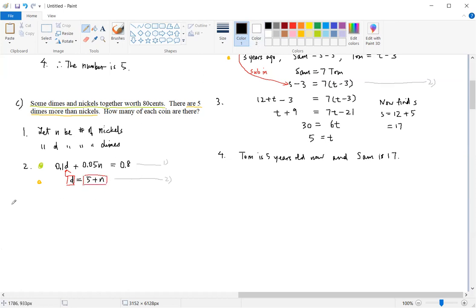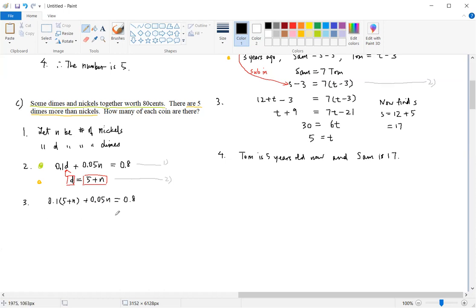So when we do substitution, we sub the D in: 0.1 times 5N plus 0.05N equals 0.8. I speak 0.1D, but I write this as 5N. Again, we know we are on the right track because we get to one line, one equation, one unknown only.